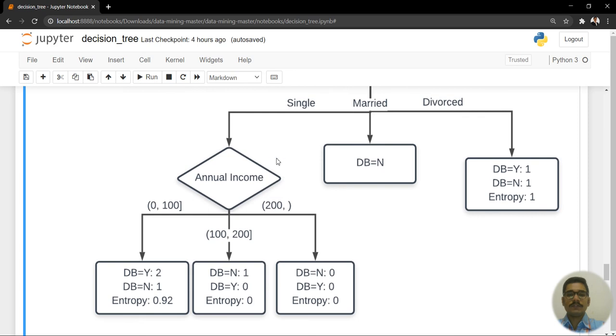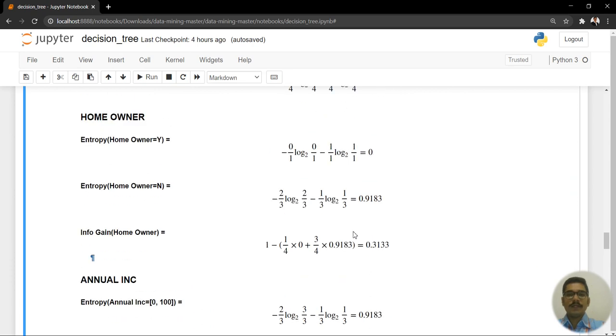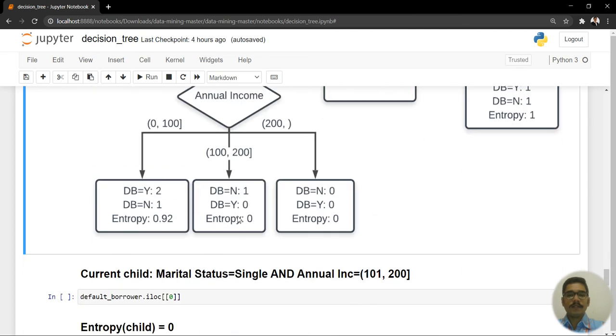So this is how it looks once the annual income is made an internal node on the left hand side. Here, this value turned out to be 0 for annual income, the 101 and 200 range.